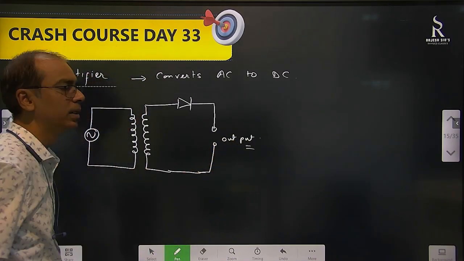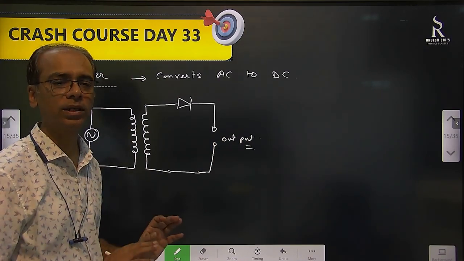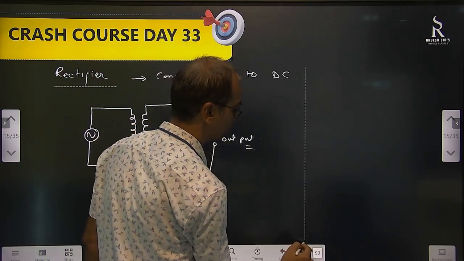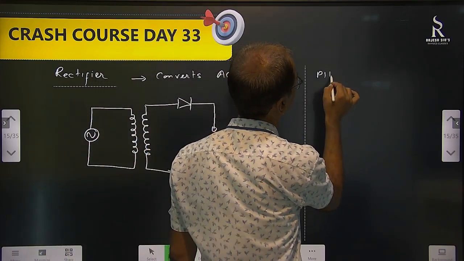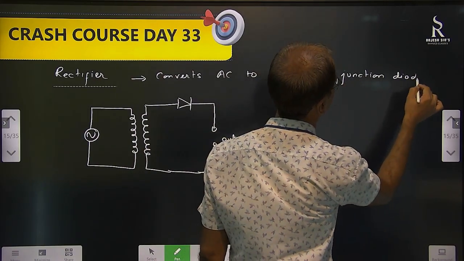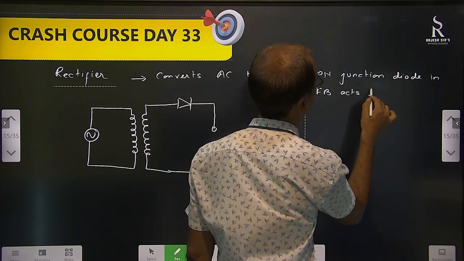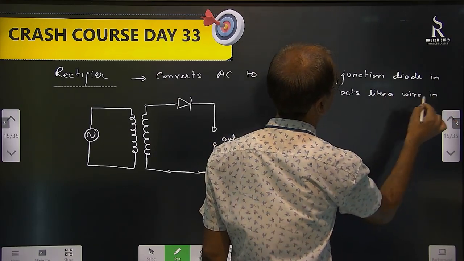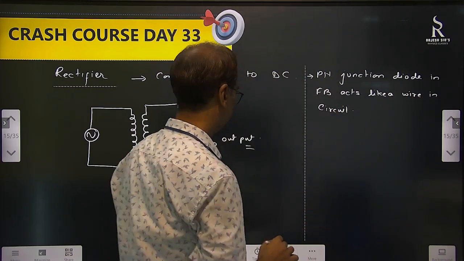Now, one thing I didn't tell you. When we connect a PN junction diode in forward bias, it works like a wire. We are going to see this in circuits. A PN junction diode in forward bias acts like a wire in a circuit.